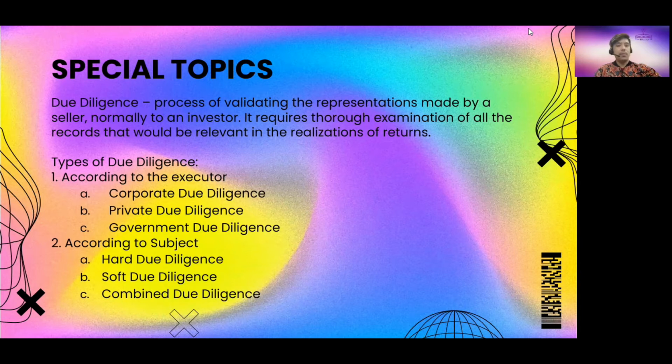There are different types of due diligence. But before we go to these different types, in layman's terms, due diligence is simply a check-out, a background investigation before you invest in whatever investment opportunity is available. Like in real life, before you even extend credit to a friend or a family member, of course you check first if that person has the capacity to pay you.